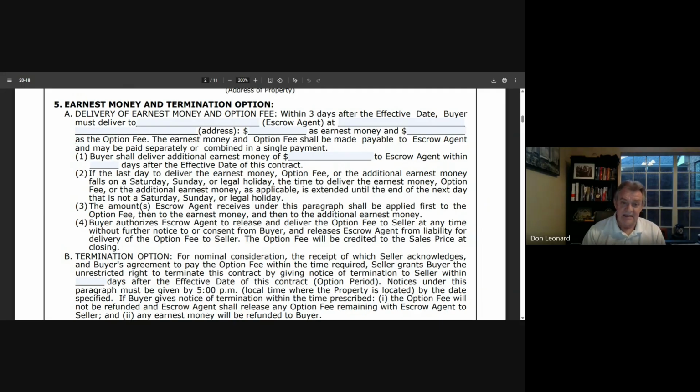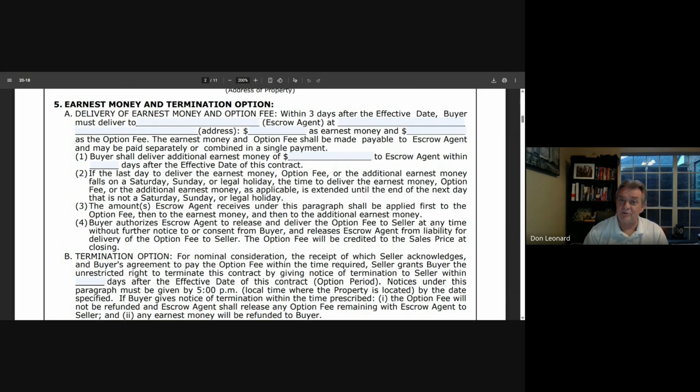It doesn't. If it had to be 1% of the sales price, they wouldn't make a blank. They would just say 1% of the sales price as earnest money and a certain amount is the option fee. It can be anything. You can have a valid sales contract with 0 earnest money. Not a good idea, but you can. You do not have to have earnest money.